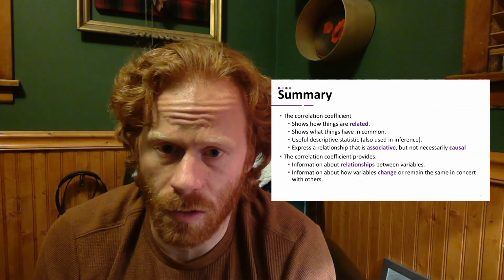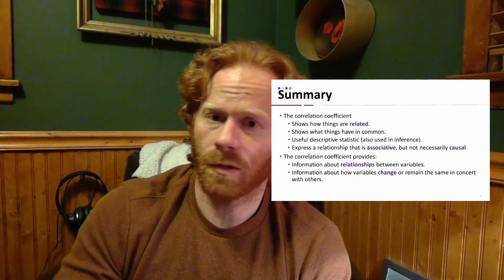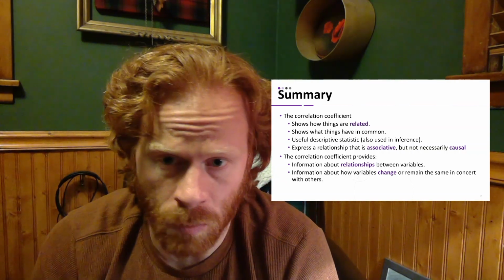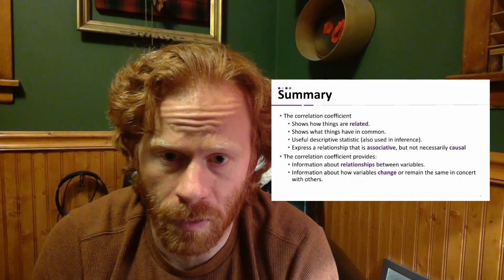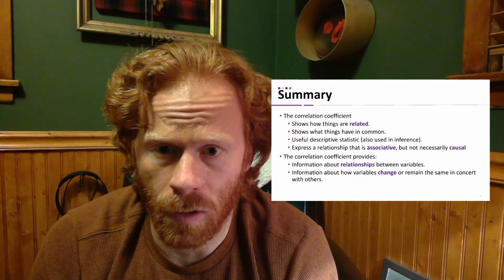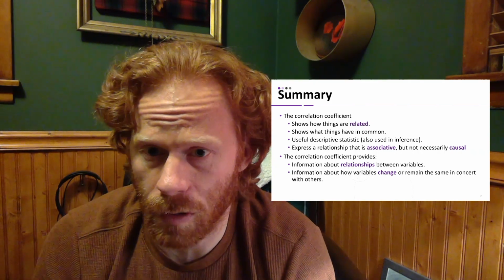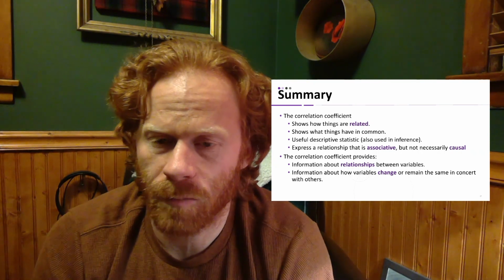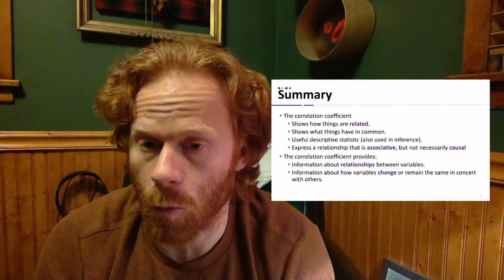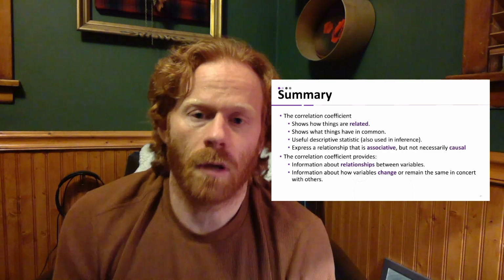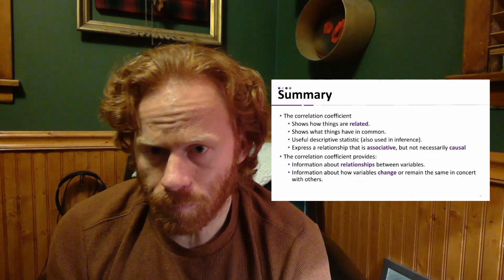It doesn't discuss causality, even if it's like that first example I gave where it's a 1. It's a perfect relationship, perfect correlation. That still isn't telling us that it's causation, just correlation. We use other tests later on, and some of them we won't even get to, to determine causality.